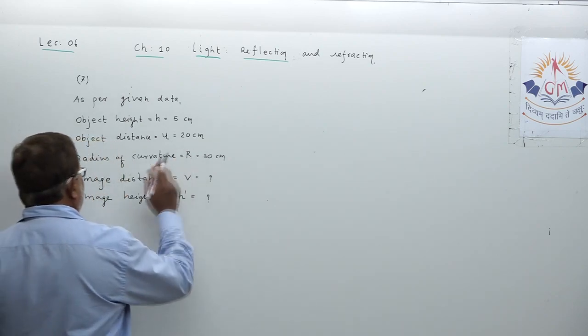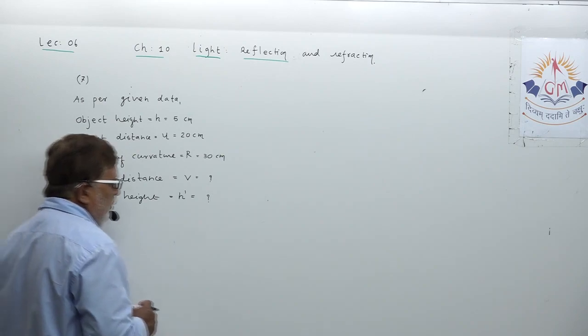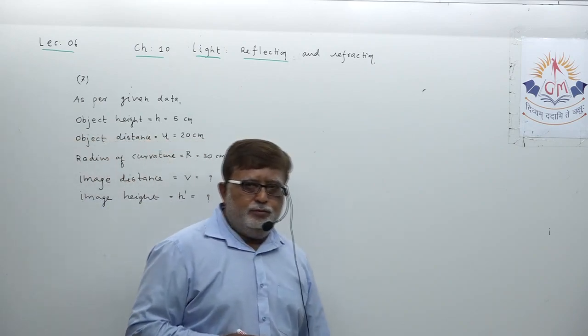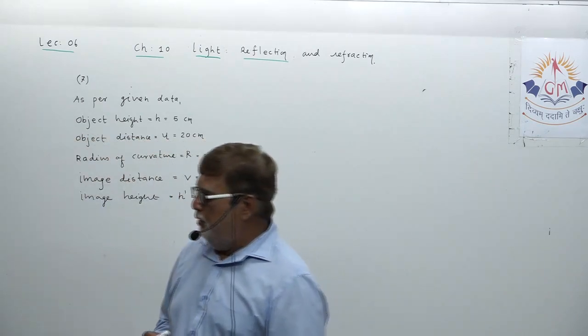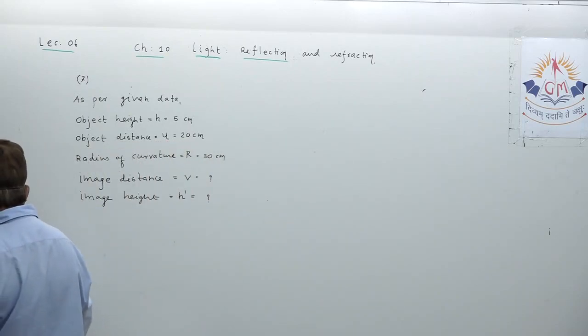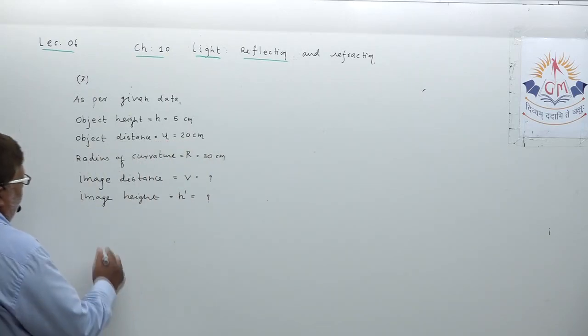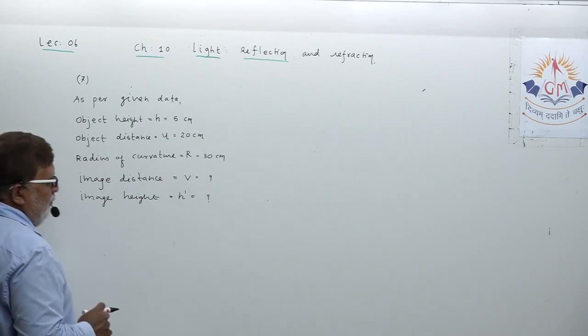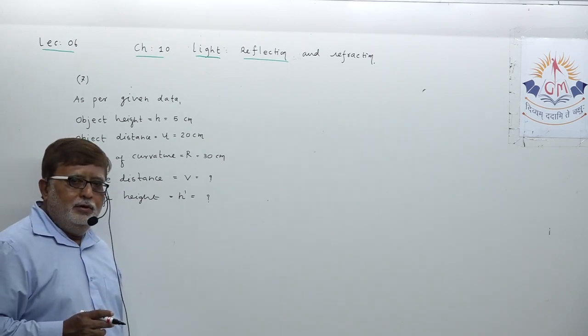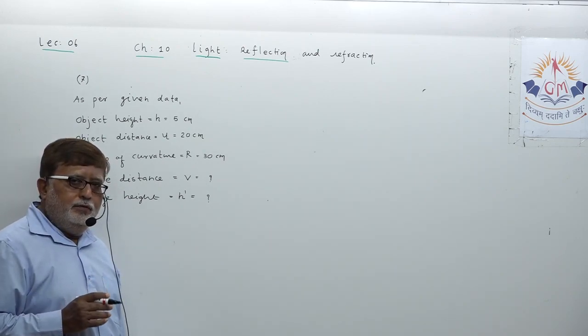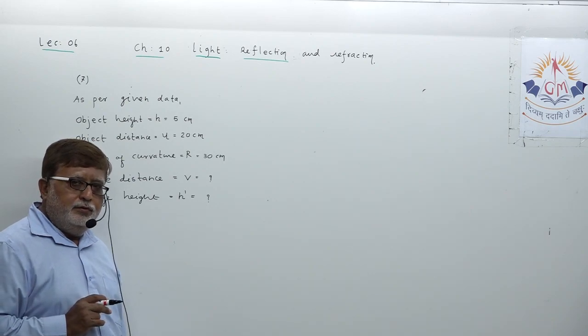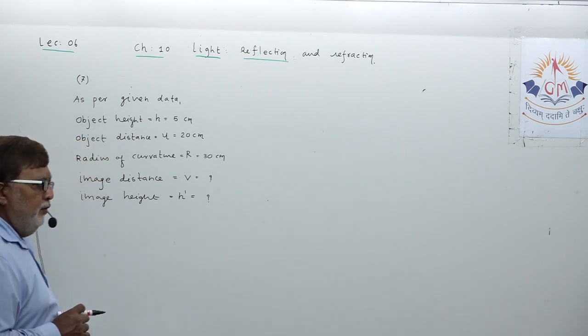Now dear student, radius of curvature R has been given, 30 centimeter. So initially, let us utilize the relation between radius of curvature and focal length, and find the focal length first.